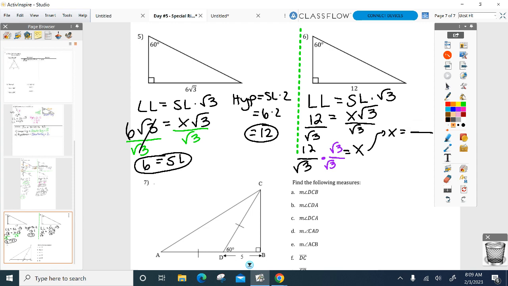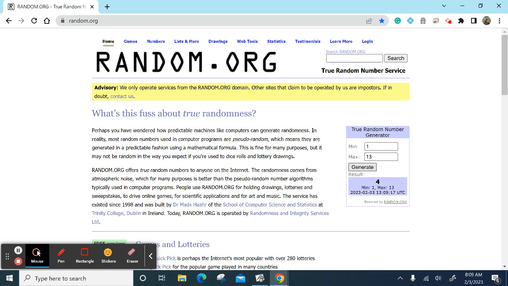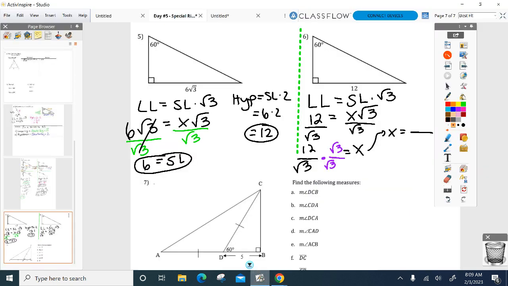What's left on the bottom? Radical 3 times radical 3 is 3. And how about the top? 12 radical 3. Good, I just combine them.